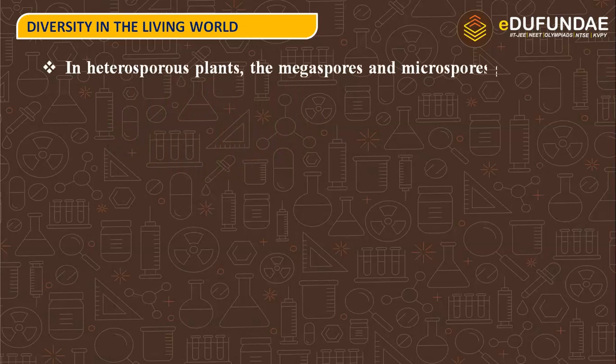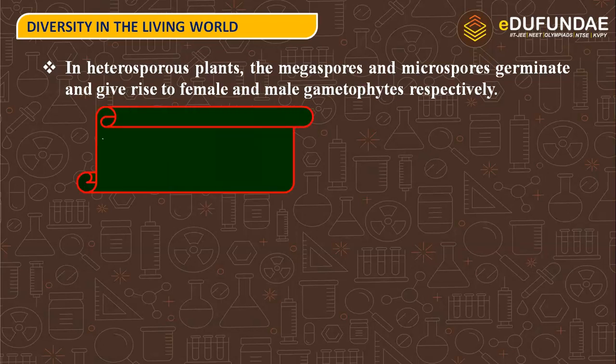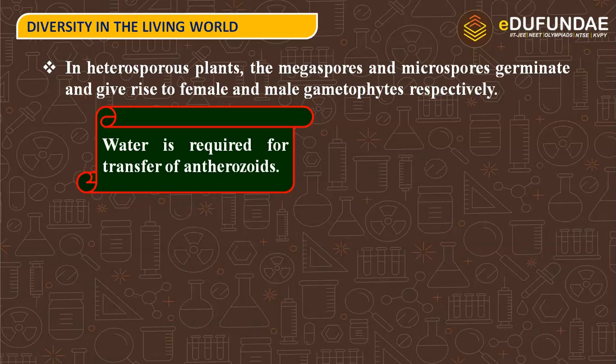In heterosporous plants, the megaspores and microspores germinate and give rise to female and male gametophytes respectively. Water is required for the transfer of antherozoids. That means when there is the transfer of the male gametes, there will be the requirement of water.